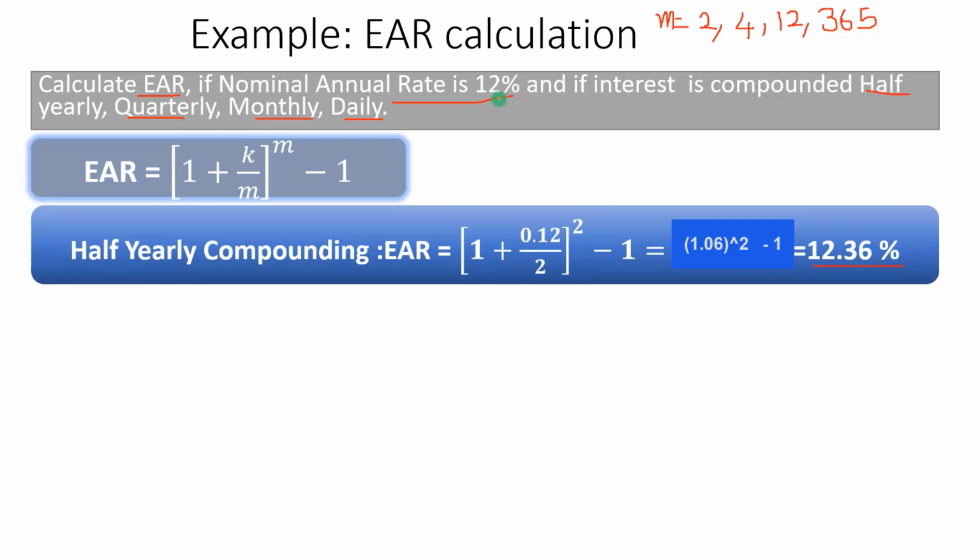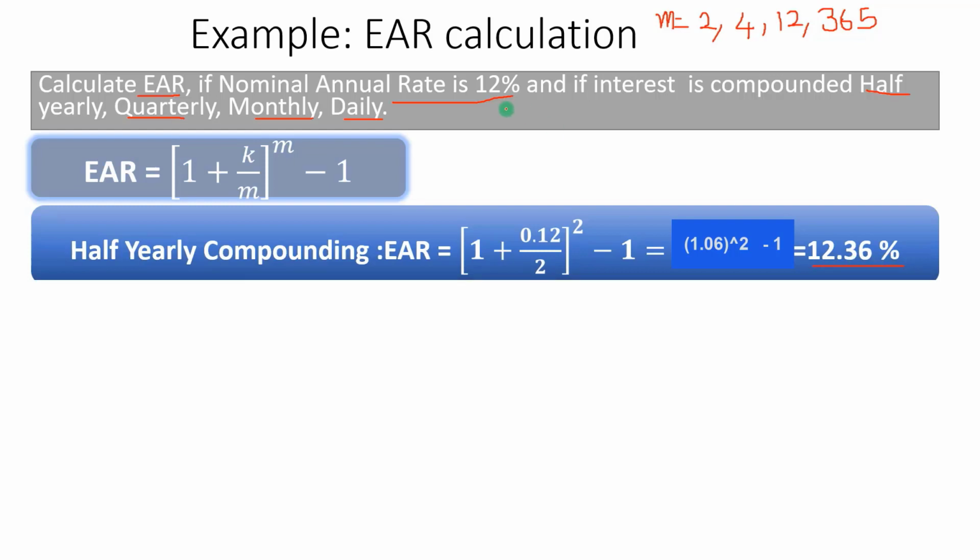In the case of quarterly compounding, if the nominal rate of interest is 12%, then in that case EAR is 12.36%, which means that because of the effect of compounding, the real rate of interest has risen by 0.36% over the nominal rate.